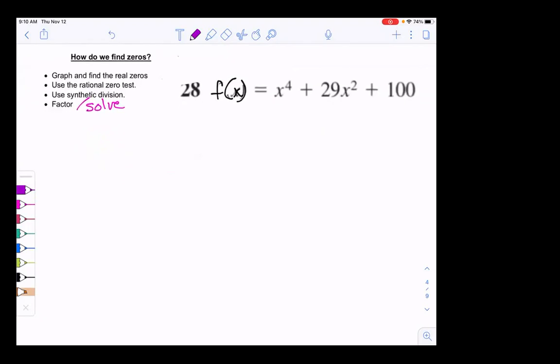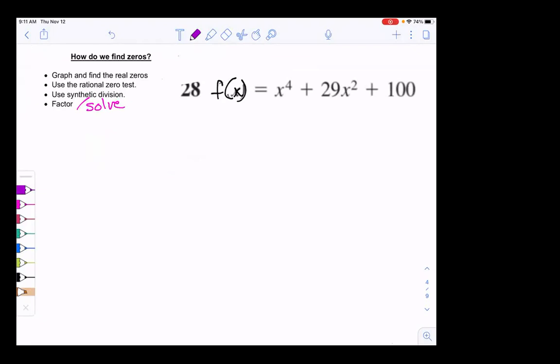If you graph this in your calculator, were there any real zeros for number 28? You plug it in your calculator. Evan? Say it again? 1/2 was a real zero? I don't think there were any real zeros.